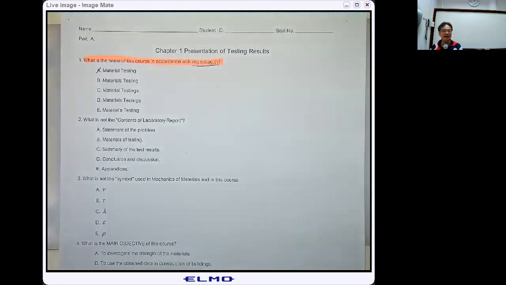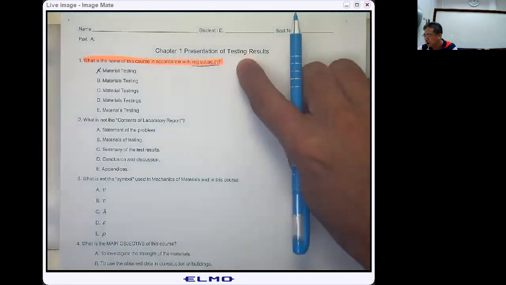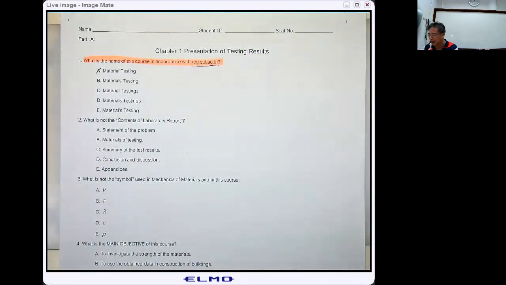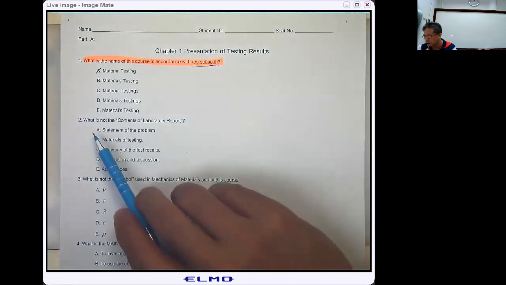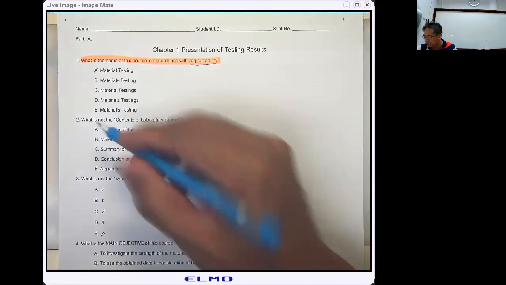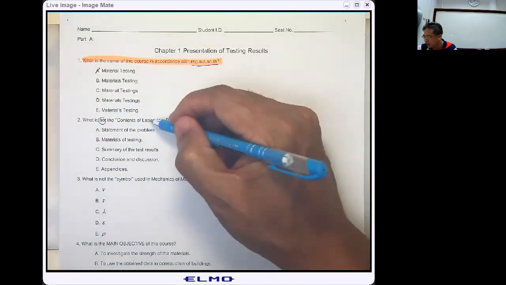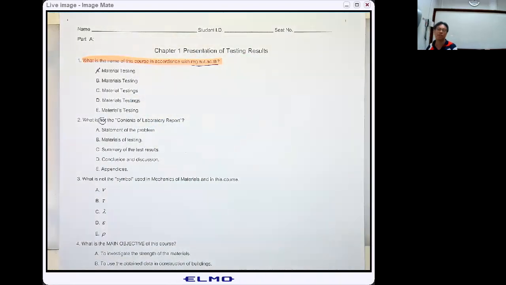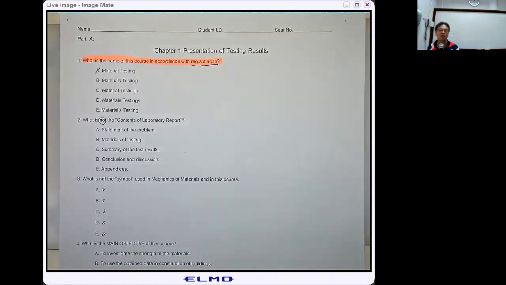Okay, and then we come to chapter 1. That is talking about the presentation of the testing result. The first question about chapter 1: what is not the content of the laboratory report? You are supposed to answer this one correctly, because everybody has written the laboratory report.